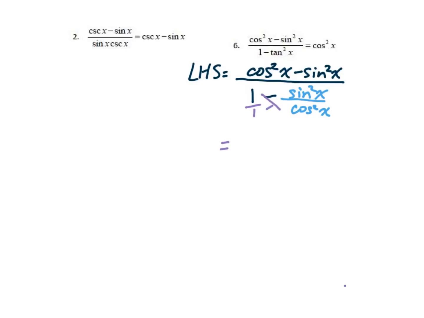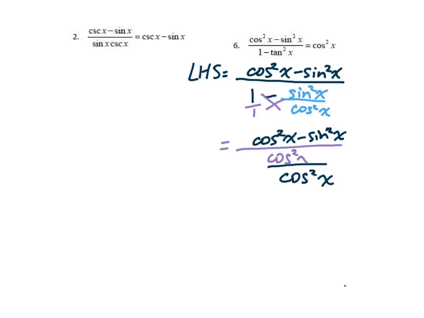This is over 1, then you do cross multiply. Top, stay. Denominator, we got 1 times cosine square x, that's cosine square x. Cross multiply, you got the cosine square x minus sine square x.